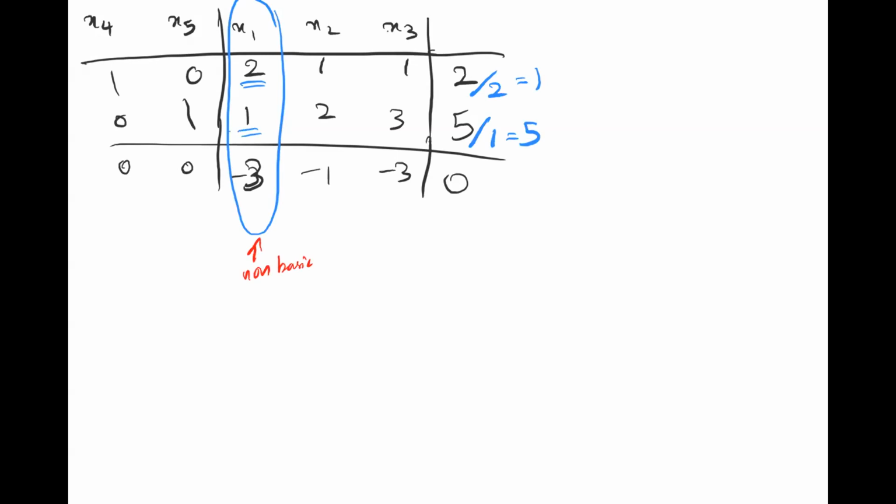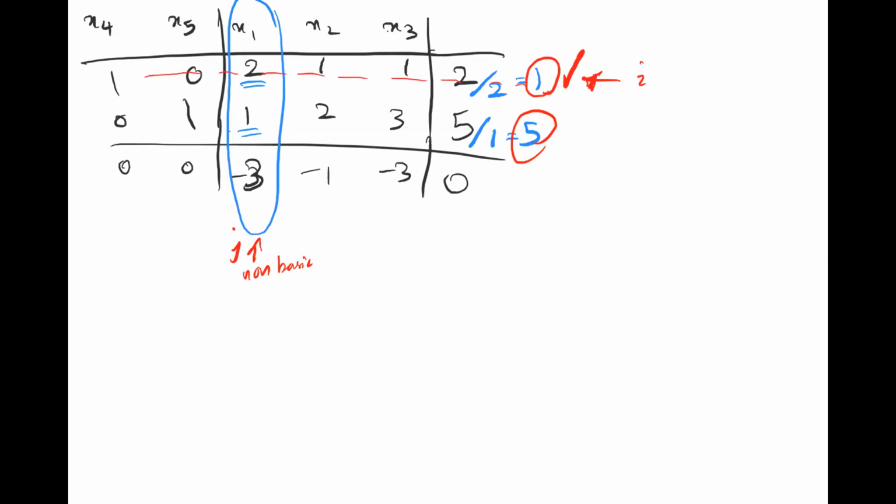So we said the smallest positive value among these two. So 1 is the smallest positive value. So this is I, this is J. All right. So now we want to see which of the basic variables are 1 at this row.